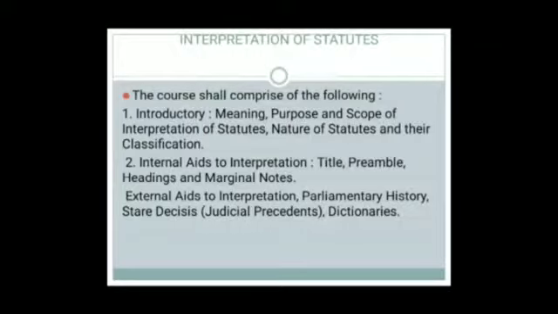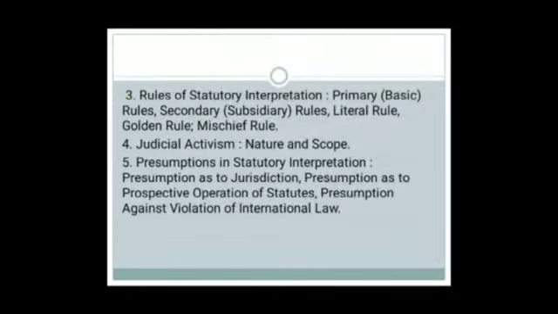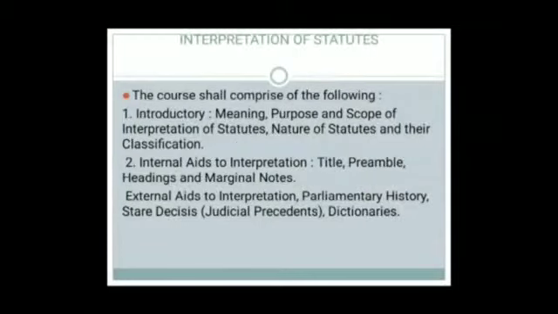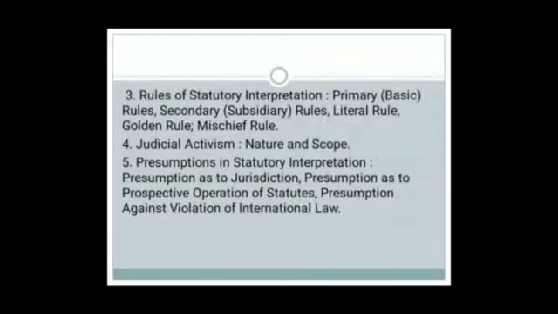Then, moving forward, the third unit will be rules of statutory interpretation. After understanding internal and external aids, we'll be reading about rules of statutory interpretation.